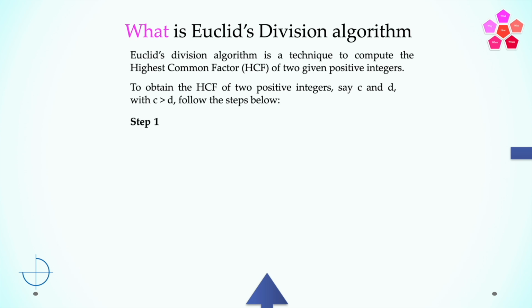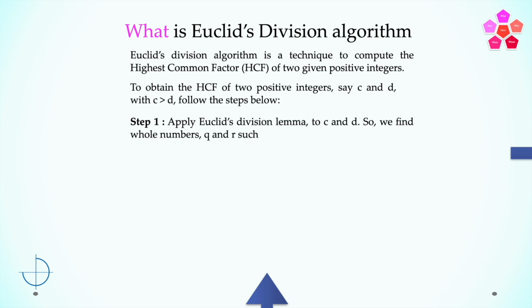Step 1 is to apply Euclid's division lemma to c and d. So we find whole numbers q and r such that c is equal to d into q plus r, where r is always greater than or equal to 0 and always less than d.